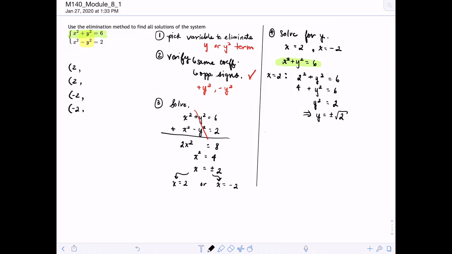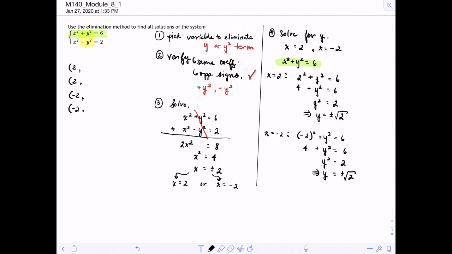Now you'll see when we plug in x equals negative 2, it's this very exact similar case, except when I plug in negative 2 here, squared plus y squared, that's the only difference, because anything squared is still going to come out positive. So it's still going to come out as 4 plus y squared equals 6. Therefore, y squared equals 2. And you can see this is so similar. They're exactly the same.